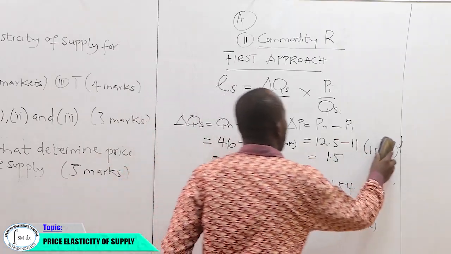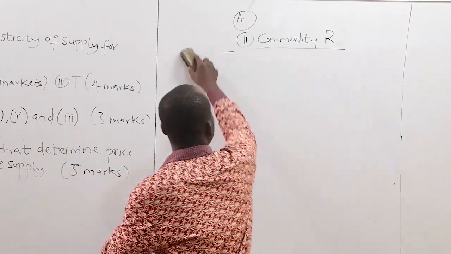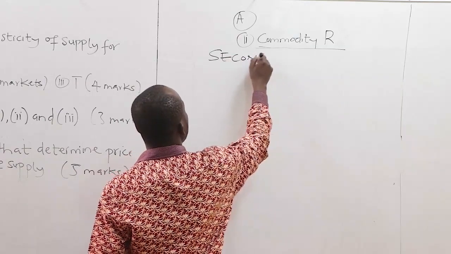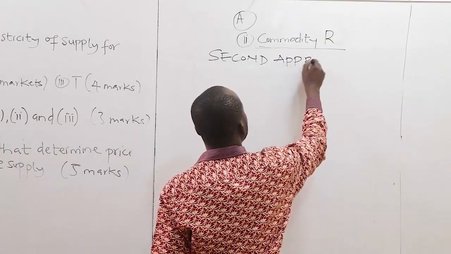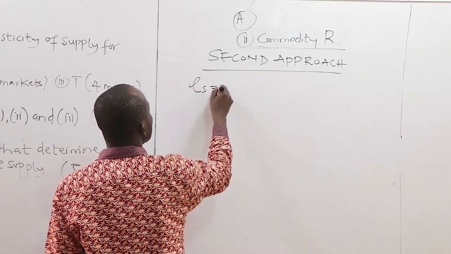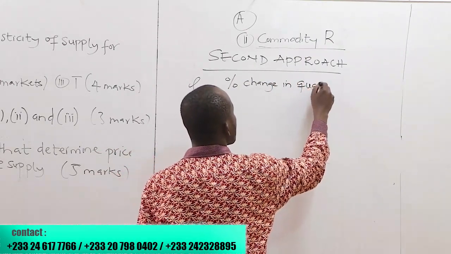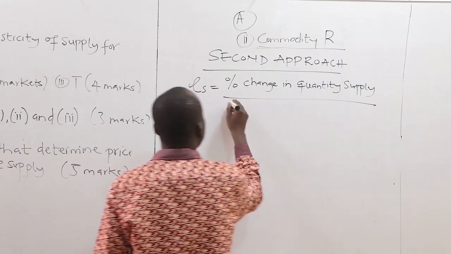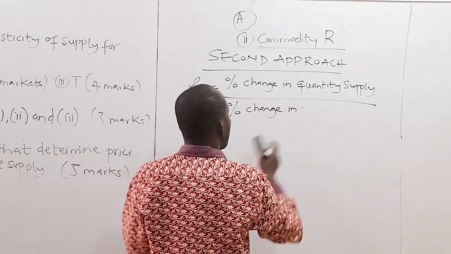Let's use the second approach. In the second approach, you have elasticity of supply is equal to percentage change in quantity supply divided by percentage change in price.